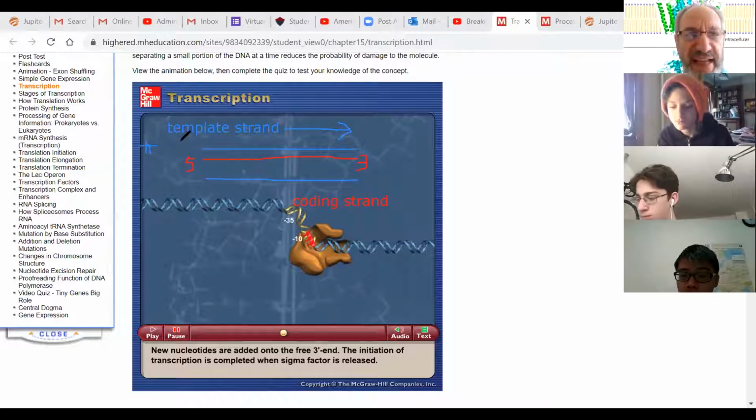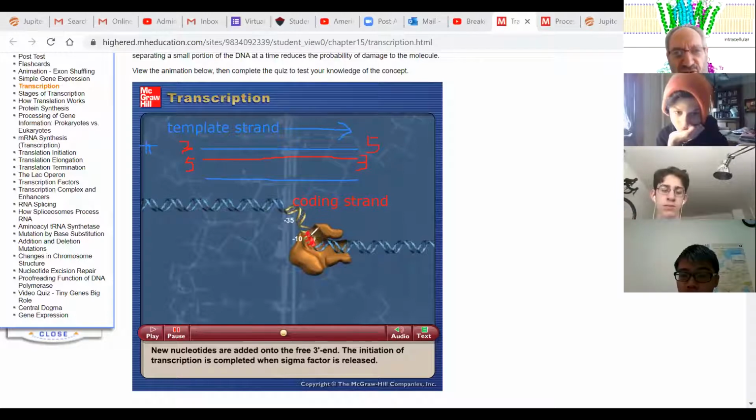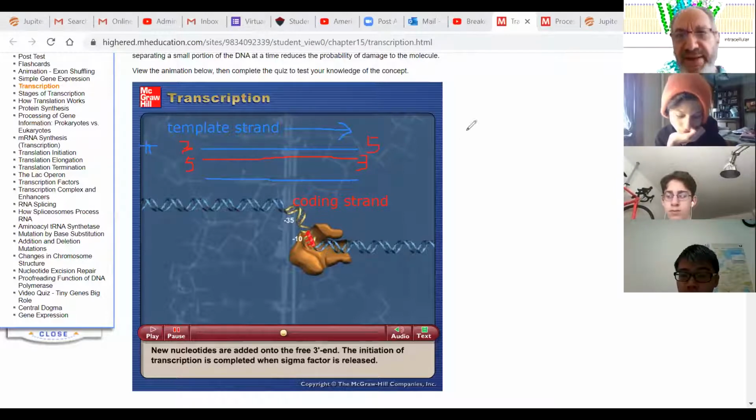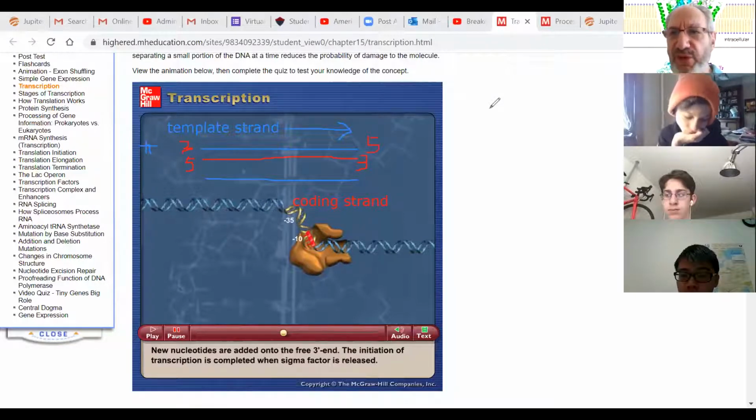Three prime end. That's exactly right. So this is the 3 prime end, and then this is the 5 prime end. Okay, so good. So we're adding onto the 3 prime end, and then this new guy, this red guy, is adding onto the 3 prime end. Questions on that before I keep going? We're going to come back to that idea when we do the worksheet. But okay, here we go.